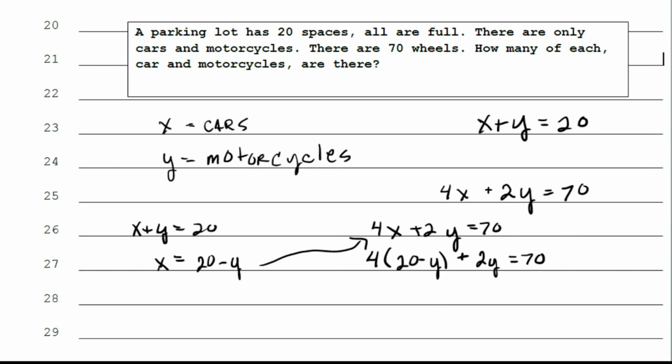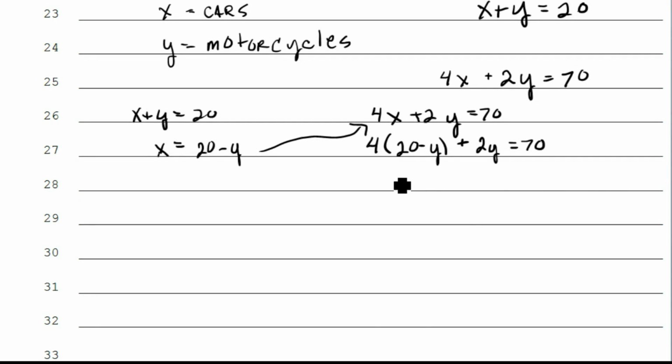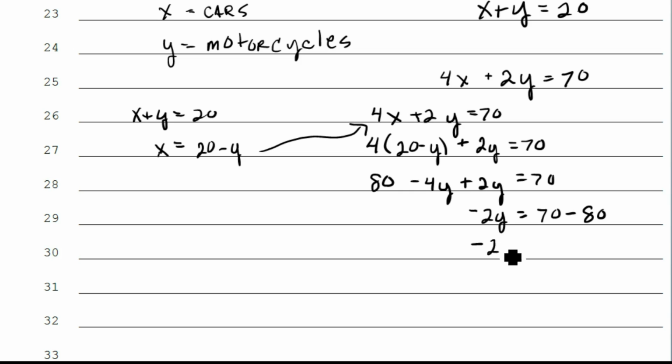So as usual, just multiply this out. 4 times 20, you get 80, minus 4y plus 2y equals 70. Well, you can add these two together, you get minus 2y. And move the 80 to the other side, add a minus 80: 70 minus 80, get minus 2y equals minus 10.